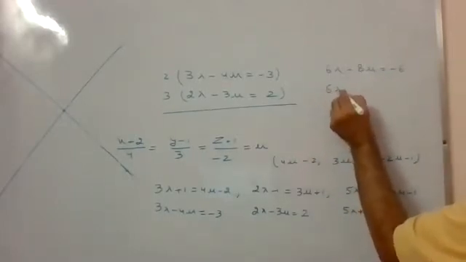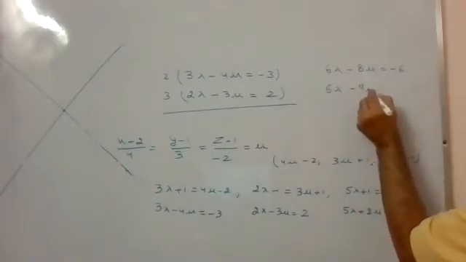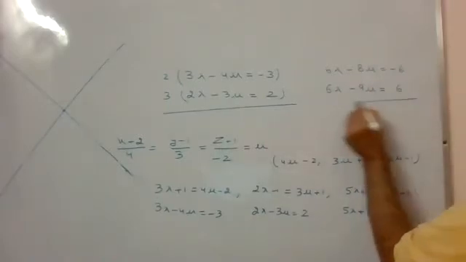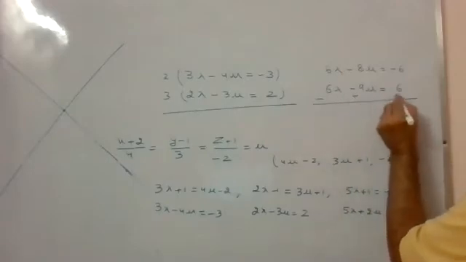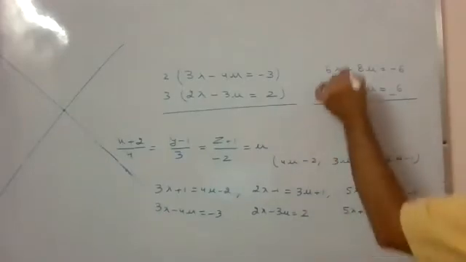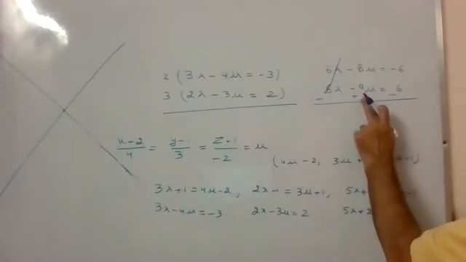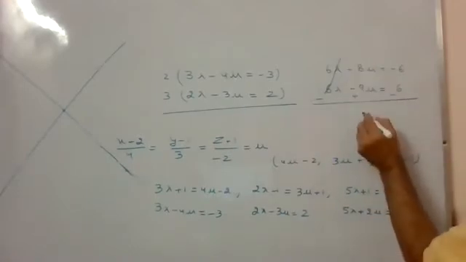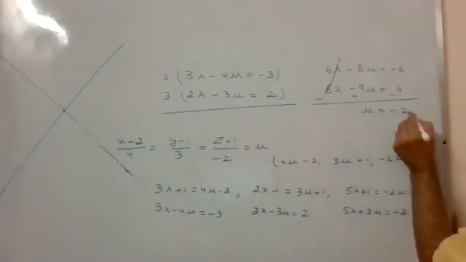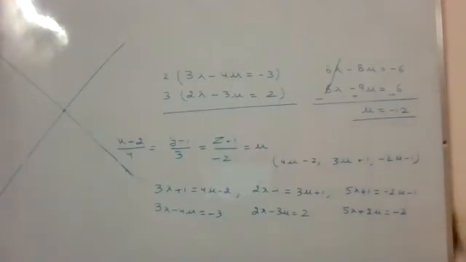Then 6 lambda minus 9 mu will be 6. Subtracting, lambda is gone. Here plus 9 is coming, minus 8, so left is mu is minus 12. Mu is minus 12. Now you calculate lambda.